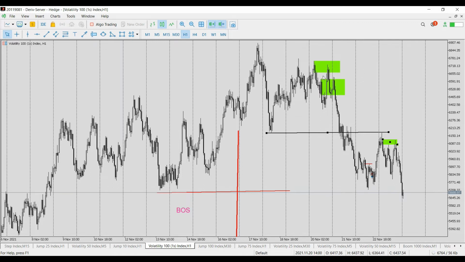As you can see, these are double tops. I talked about double tops and double bottoms in my previous video. If you haven't seen that, please go watch it so you understand what we are talking about.